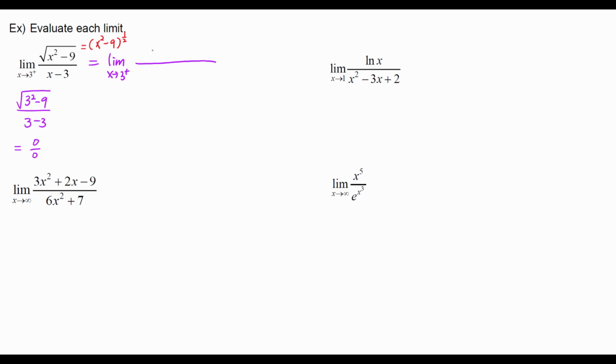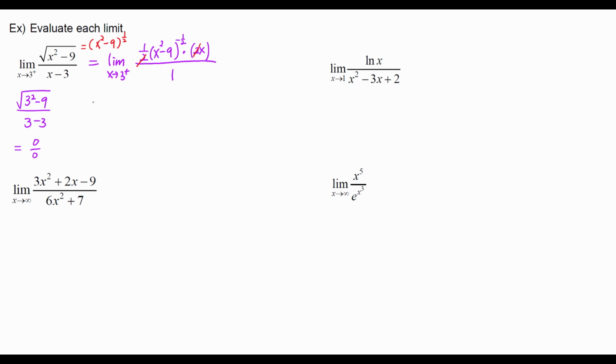So when you take the derivative of that, you get 1/2 times x squared minus 9 to the, lose 1 power, you get negative 1/2 power. Chain rule, I need to multiply by the derivative of the inner function, which is 2x, over the derivative of x minus 3, which is just 1. So in the numerator, you can see that 2 and 2 cancel.